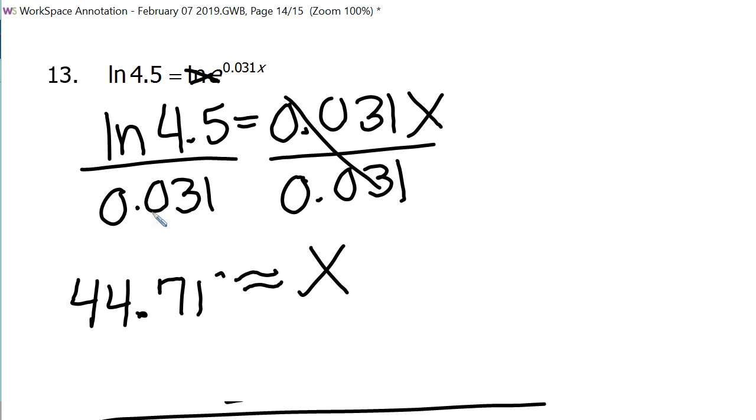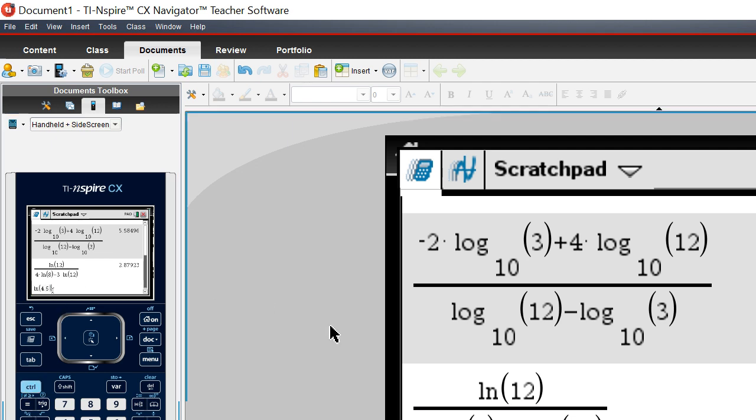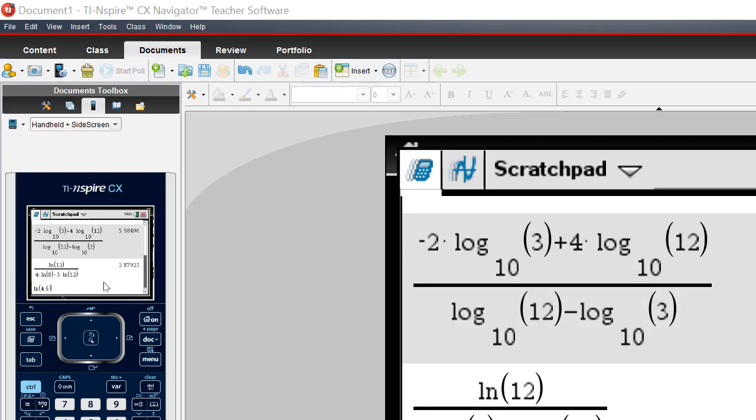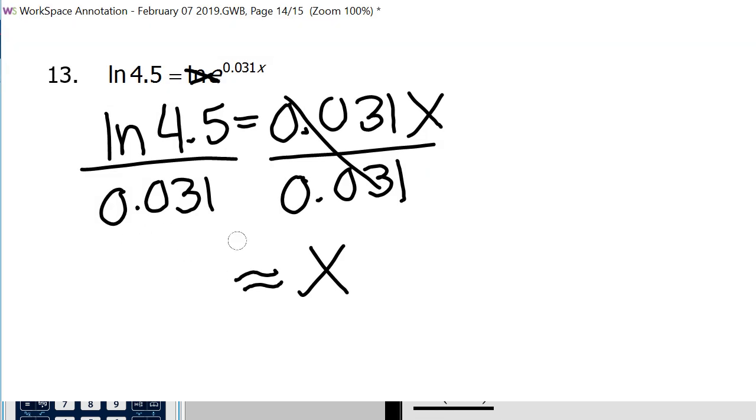Do we agree? I got 48.519. Let's see, natural log of 4.5. Was it 4.5? Yes. Okay, that's just weird. Divide by 0.031. Yeah, 48.519. So x is approximately 48.519.